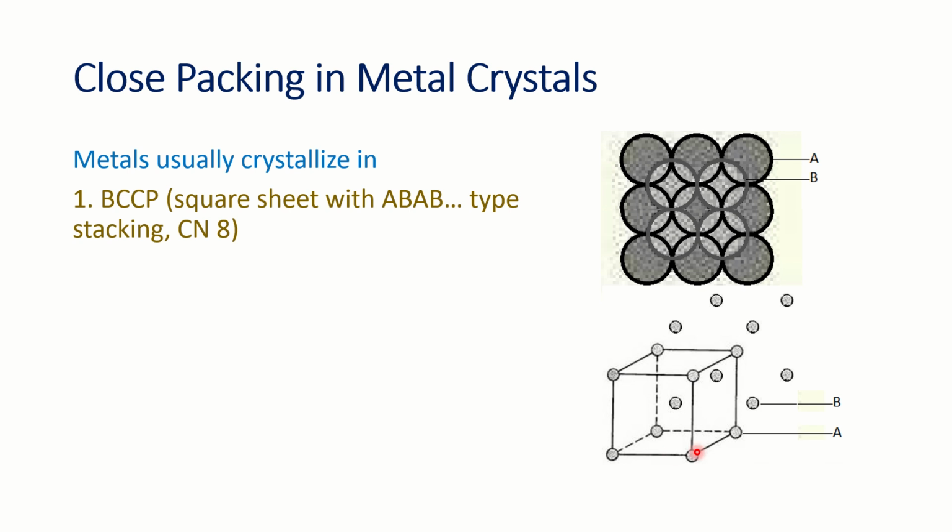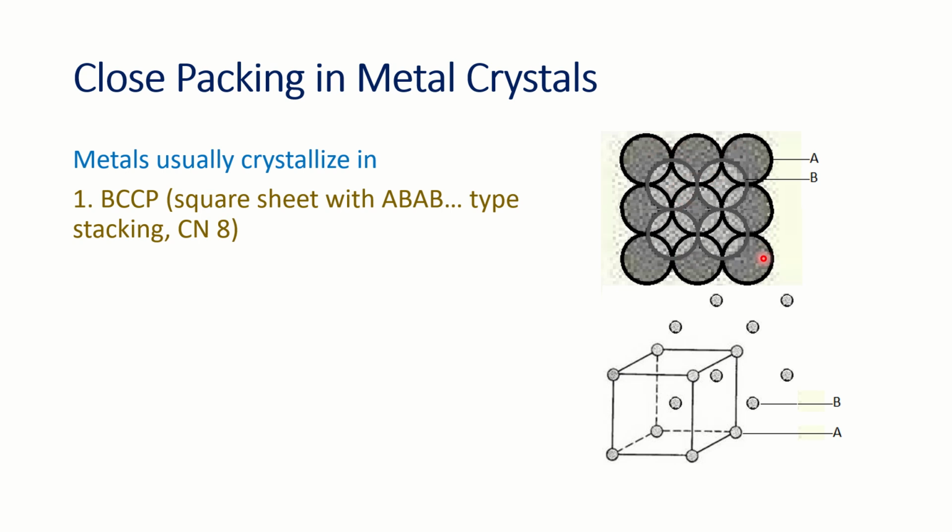Okay, if this bottom layer is A, then body centered atoms form the layer B. Again, this layer is repeated because this one has projection over this one. So this is again A. So the stacking is AB type. And if you see the partial top view, it will look like this.